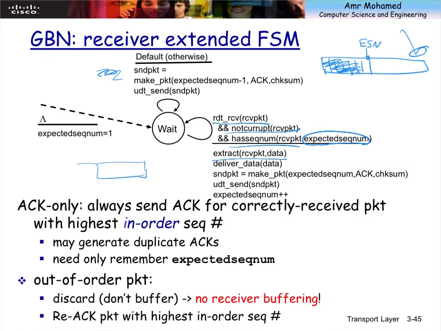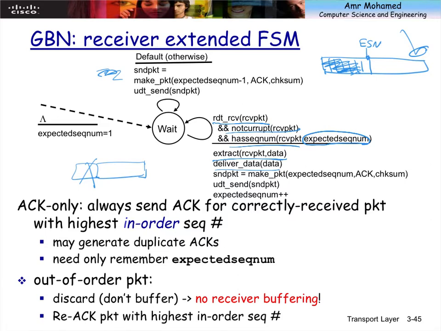Make packet adds a header to the data. Extract packet removes the header from the data, preparing the data to be sent to the upper layer, which is the application layer. So extract, deliver the data.